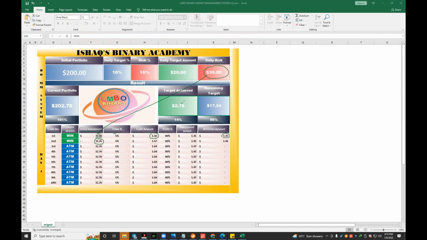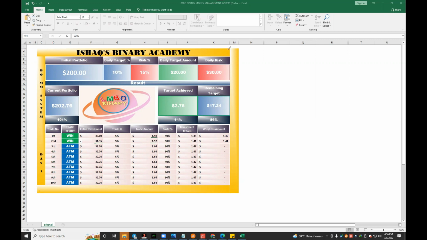If you win the second trade, your target achieved is 2.76. But for example, here the first amount was 1.50, and the second amount for the trade is 1.57. In this money management system, when you are winning, your amount will increase for the next trade. The amount will compound a little, a cents compound will increase.